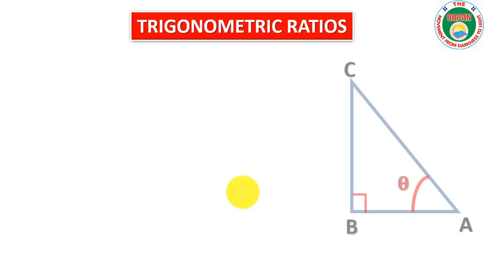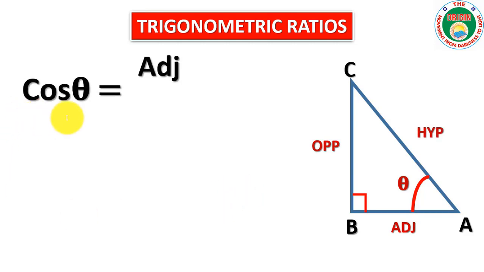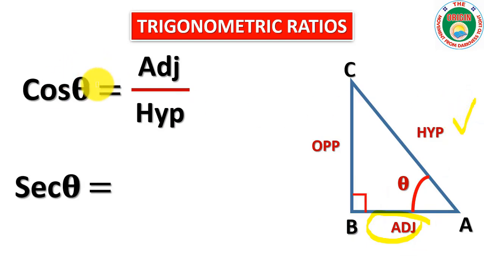Next one, opposite, adjacent, hypotenuse, cos theta. What is cos theta? Cos theta is adjacent by hypotenuse. Adjacent is here and hypotenuse is here. Next, the reciprocal of cos theta is secant theta, that is hypotenuse by adjacent.